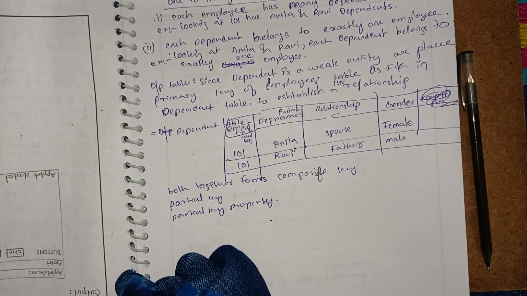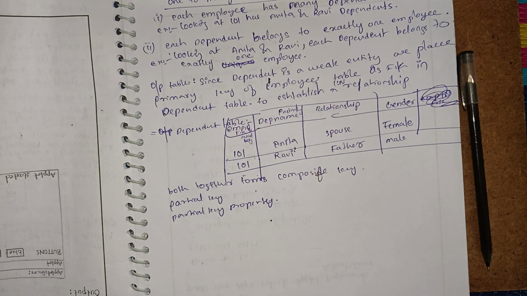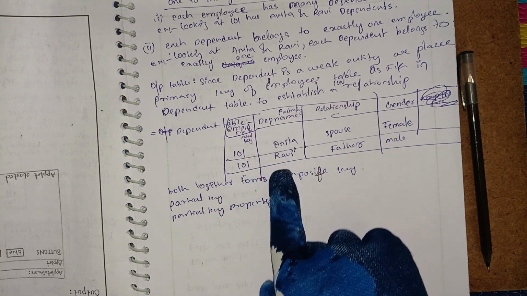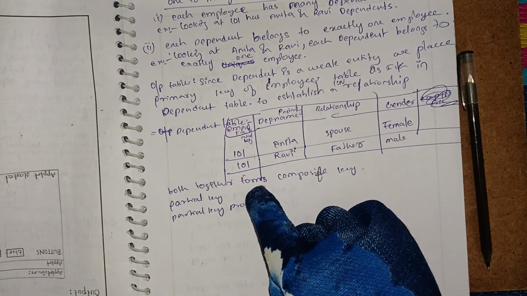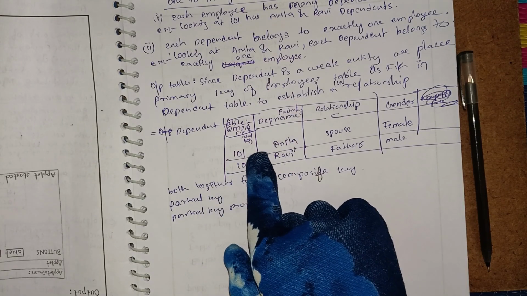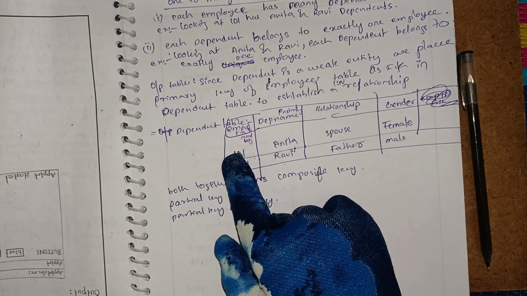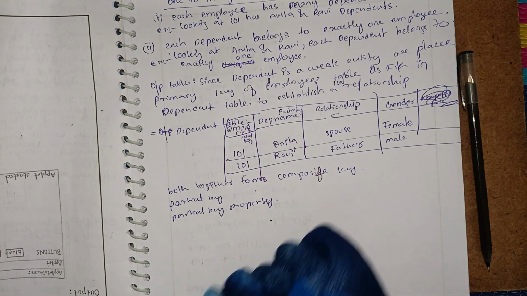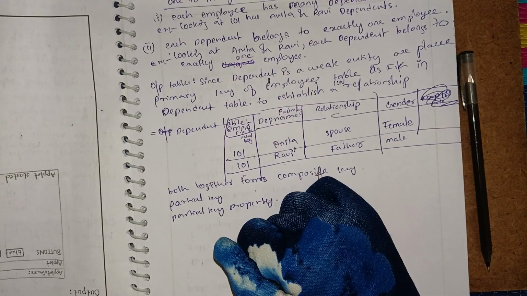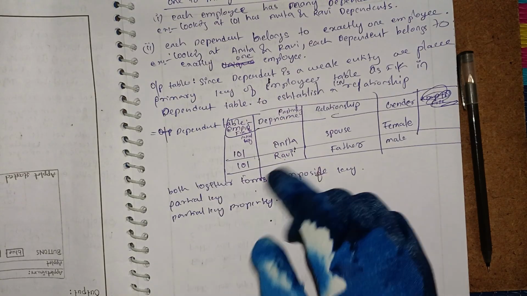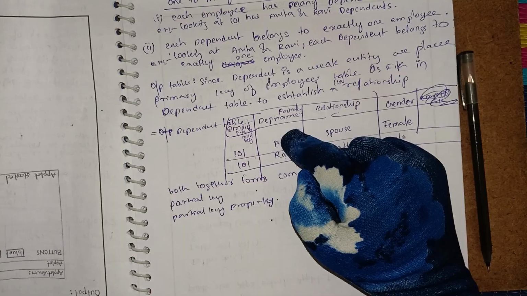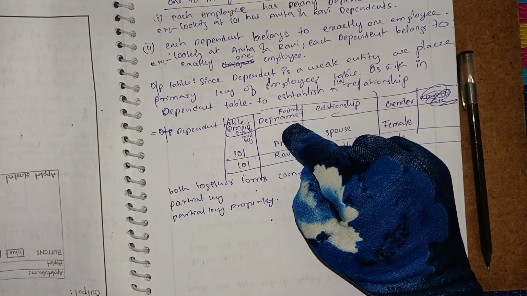And partial key properties: each partial key value should be related to a unique primary key value. In this case, dependent name is the partial key column.